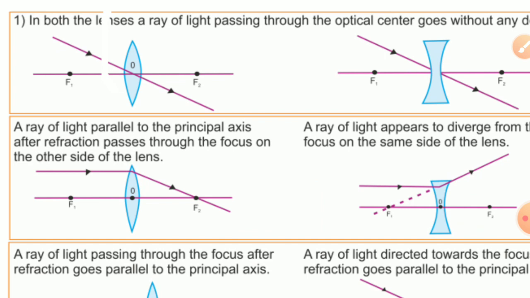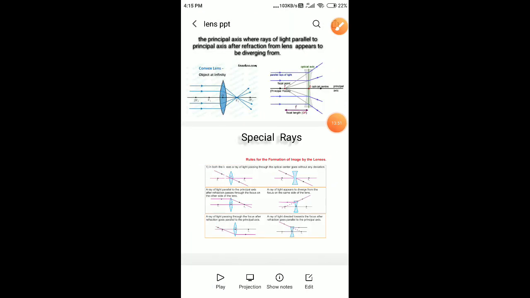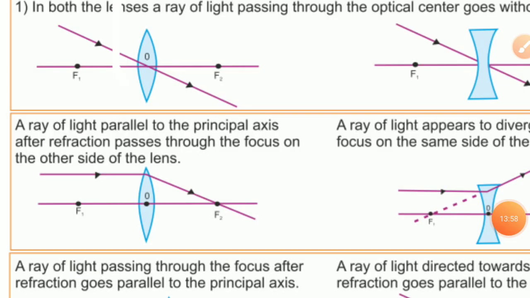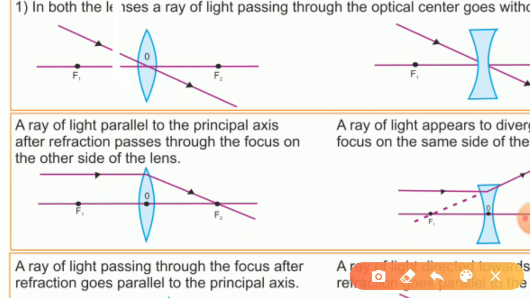That's why they are known as special rays. In the case of a convex lens, let us discuss first. A ray of light passing through the optical center goes straight without any deviation.